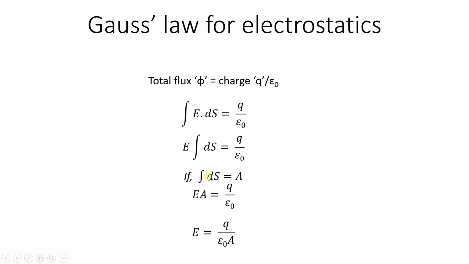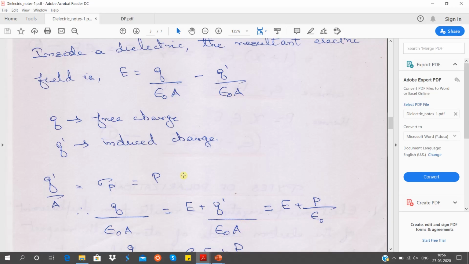If integral ds I denote as the total area of the material A, then I can write E into A is Q by epsilon naught, or E becomes Q divided by epsilon naught into A. Now this is the form of expression for Gauss law which we are going to make use of to do a small derivation. Let's go back to the notes.